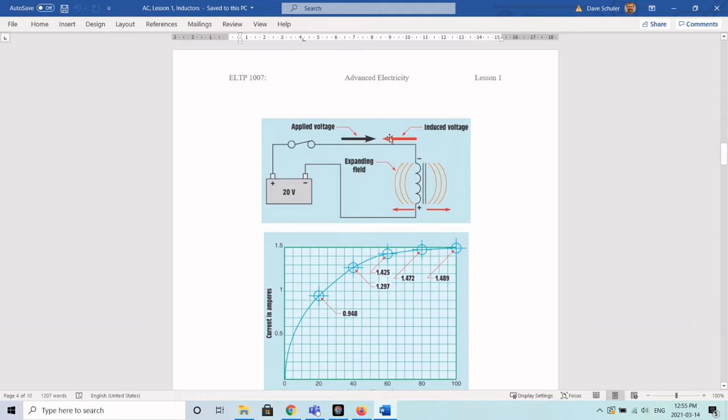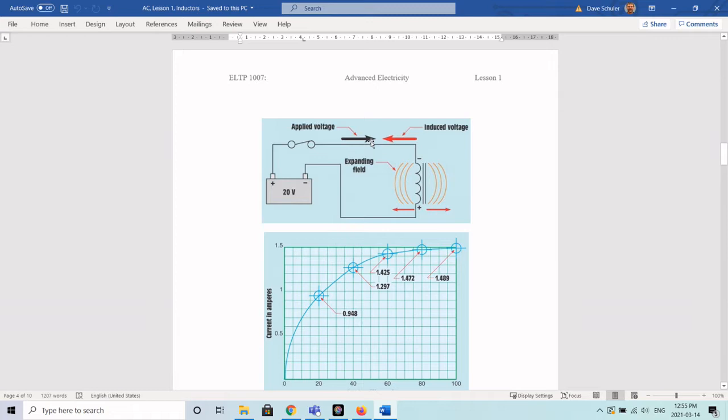But as the rate of change slows, the induced voltage gets smaller, and so the effective voltage grows to the point where when we reach our 2 amps, it's because the effective voltage is now the applied voltage. And we're pushing a full 2 amps through the circuit. Now this is still in a DC circuit though, right? The only time that this is interesting is the instant that we close the switch.